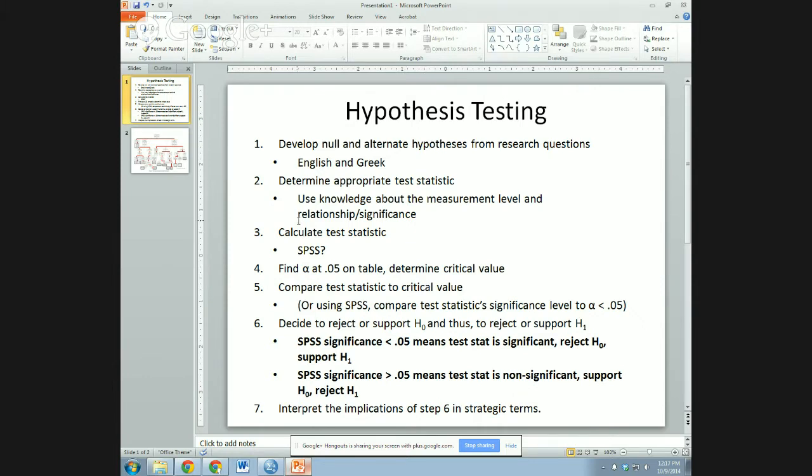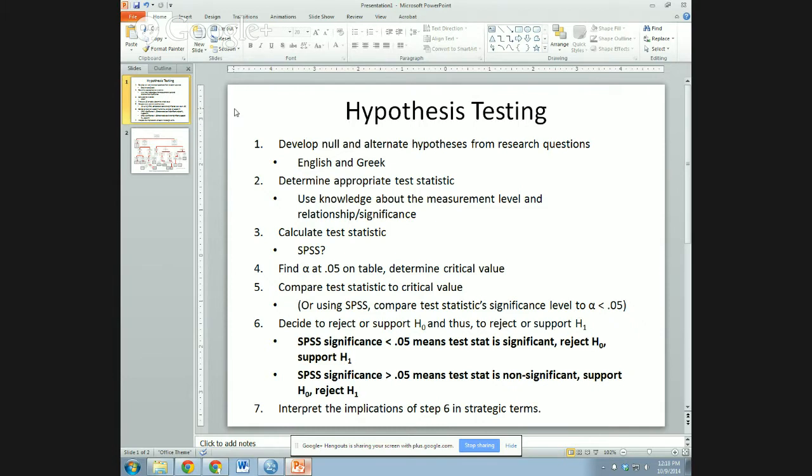And we've done some of that where we've looked at the distribution and we determine where the critical value is, where the test statistic is. Based on that, do we accept or reject the null hypothesis? If we use SPSS, we can compare the test statistic significance level easily.